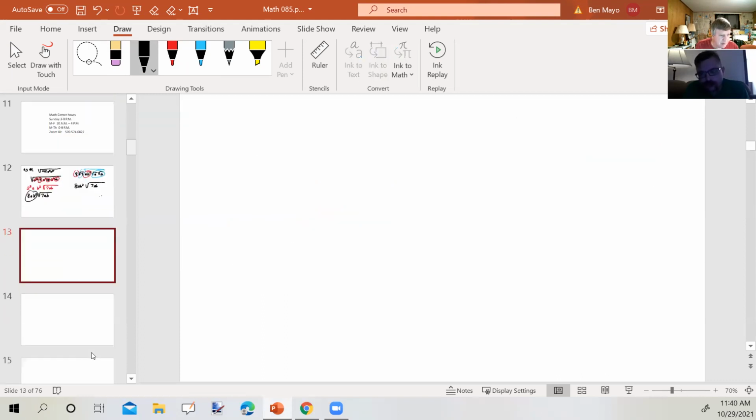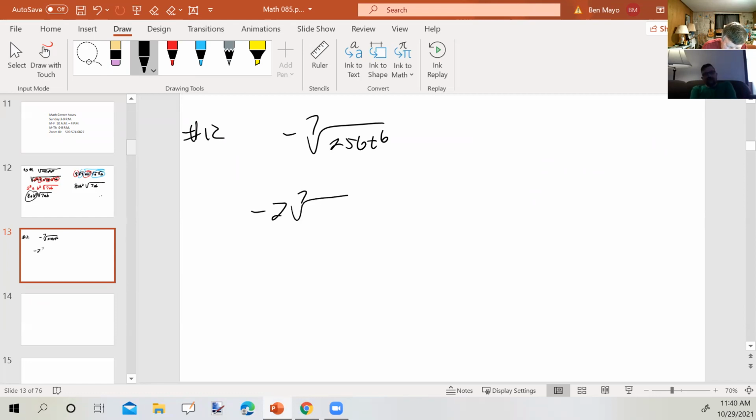Now, they did the same thing on some other problems, and I want to just go through. I'm not going to do the problems, I'm just going to show, this is number 12. It said the 7th root of 256 t to the 6th power. The correct answer is -2 7th roots of 2t to the 6th.